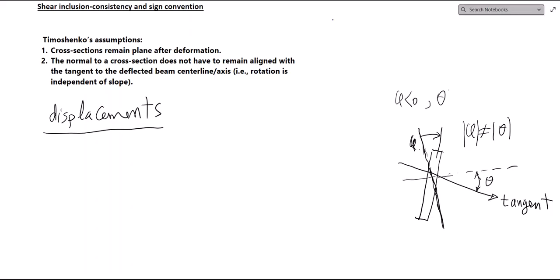We said that phi and theta have different signs, and this is in the coordinate system that we always consider: x along the axis, z at the cross section downward, and y perpendicular to the xz plane.